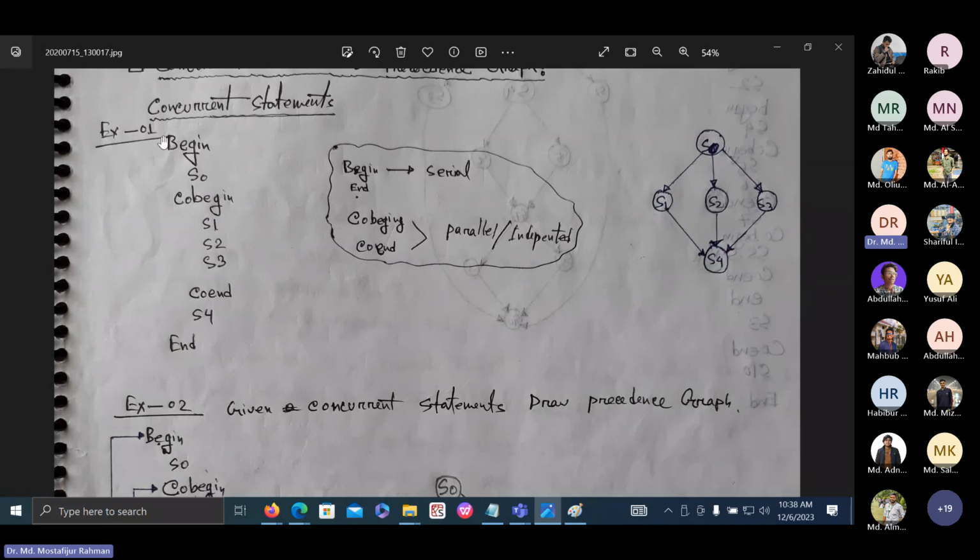I said that whatever is inside begin and end must be executed serially, that means one after another. Clear? That means from S0, we need to execute this co-begin, co-end part. Then we go to S4. Then we go to the end.